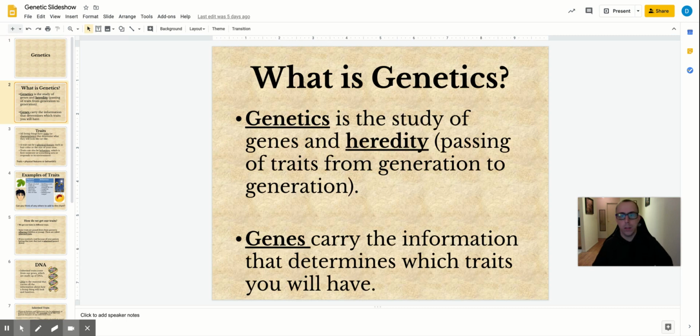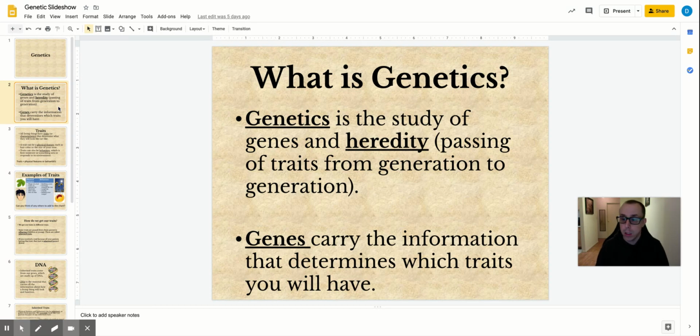So, what is genetics? Genetics is the study of genes and heredity, passing of traits from generation to generation. Your parents are one generation and you are the next generation. And your grandparents were the generation before your parents, okay? So genes carry the information that determines which traits you will have.